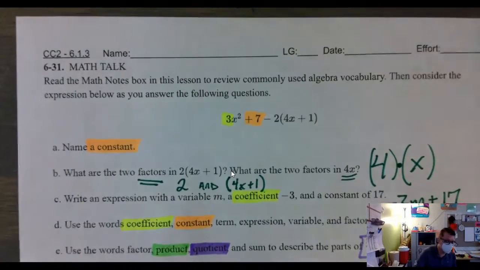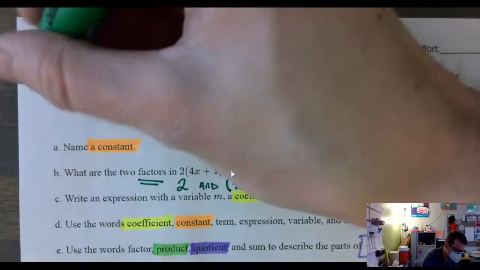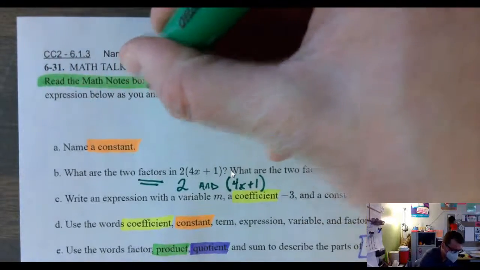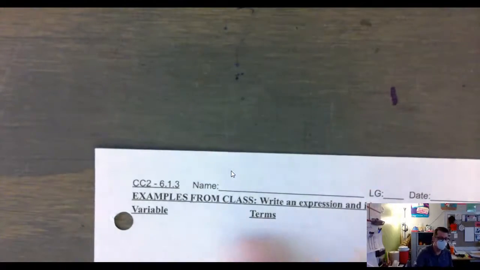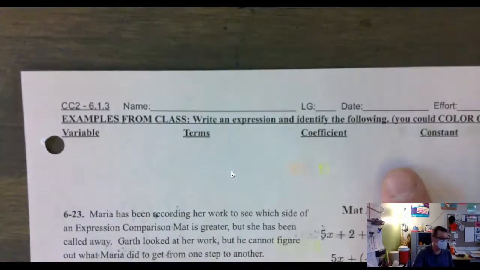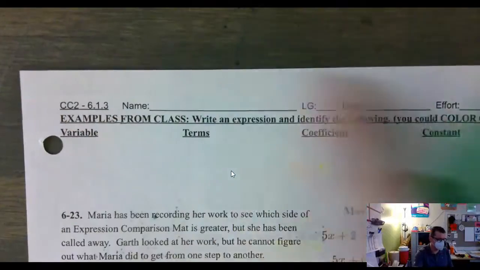And guys, if you struggled on this problem, what are the first 5 words I say in the problem? Read the math notes box, which is the vocab I've given you back here. I put this on your worksheet so it's quick and accessible.